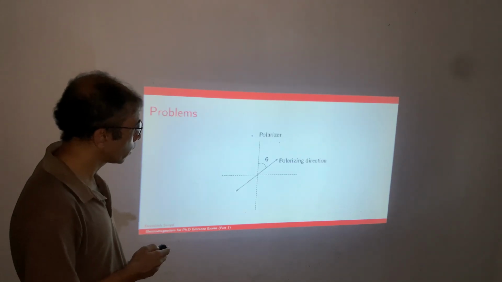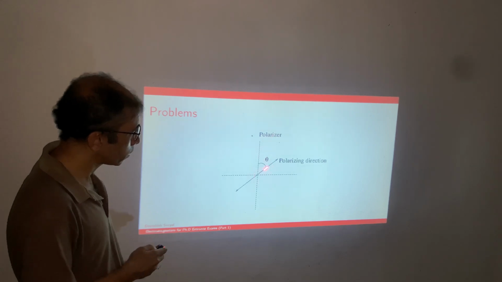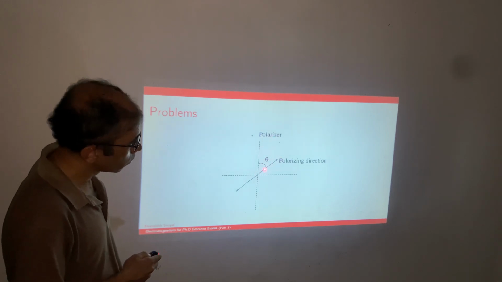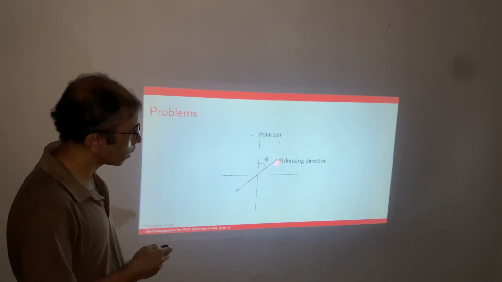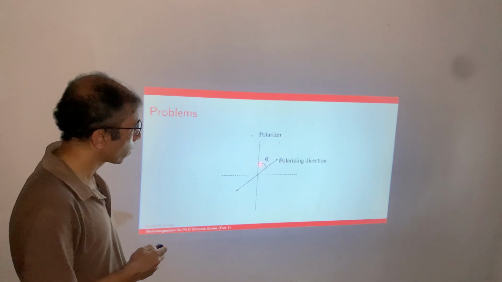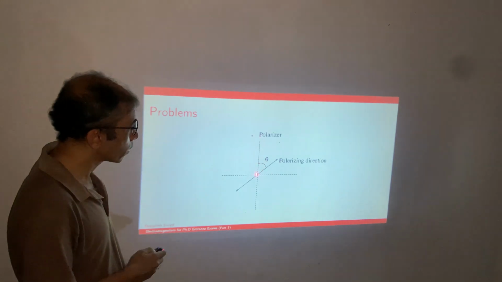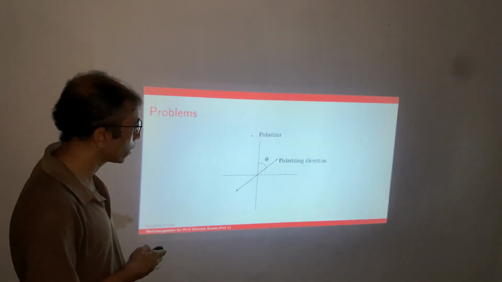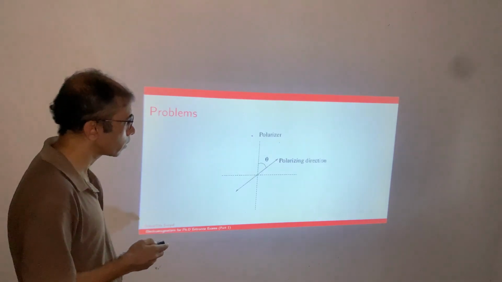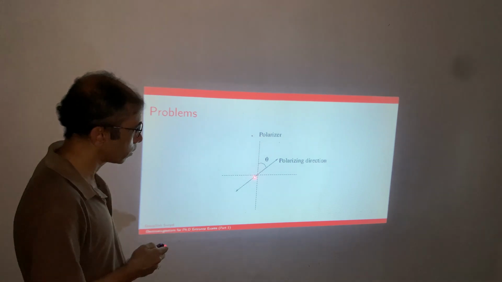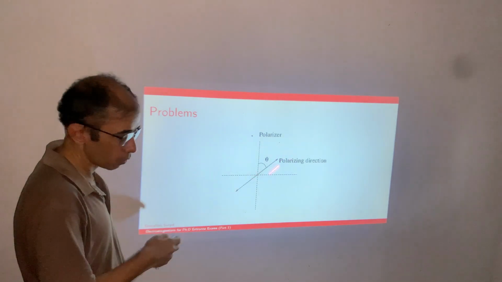Say this is the polarizer and the light is incident in this direction. Then the intensity that passes through the polarizer is I0 cos square theta, where theta is the angle of the incident direction of the electric field.